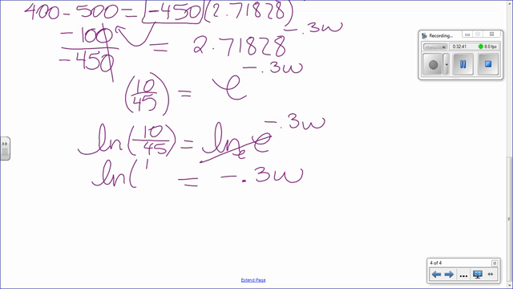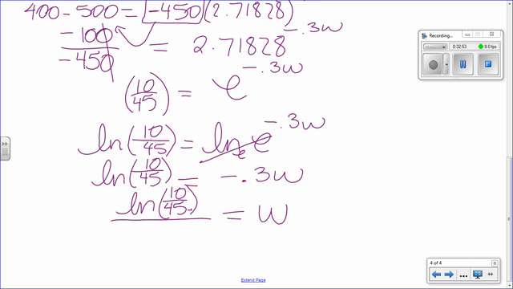So to solve for w, which is the last thing we're doing, all we got to do is divide the natural log of 10 over 45 by negative 0.3. Now make sure you divide by a negative number, okay?